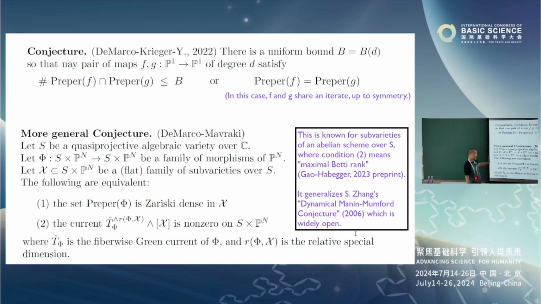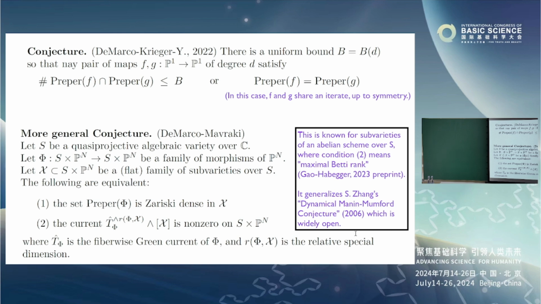conjecture is the one made by DeMarco and also Mavraki, for a family of dynamics on P1, on Pn. So this is a more general conjecture, and it is very open. But some of the things known here: in the case of abelian varieties, this is proved by Gao and Habegger.